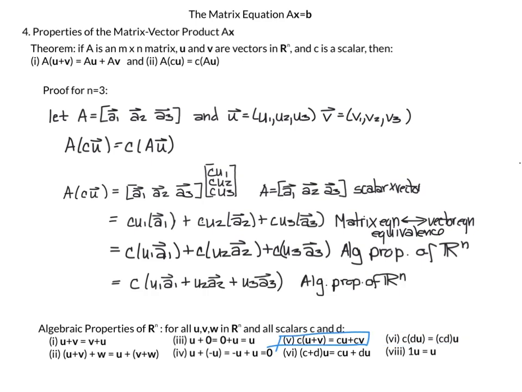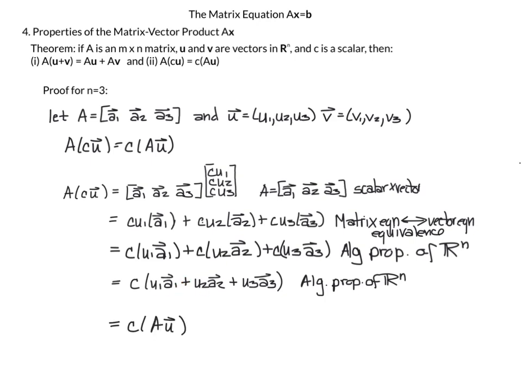And finally, using this property here, that once I have CU plus CV, I can take out the C. So here I can factor out the C, and I get C times (U1A1 plus U2A2 plus U3A3). And then this is just equal to C, and by definition of matrix vector multiplication, this is equal to AU. And so hence I have proven that A(CU) is equal to C(AU).